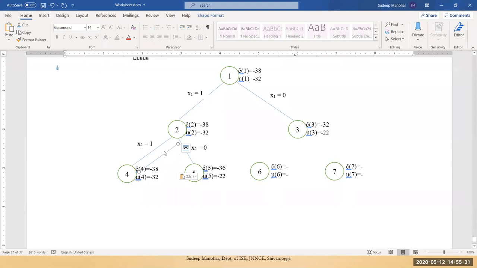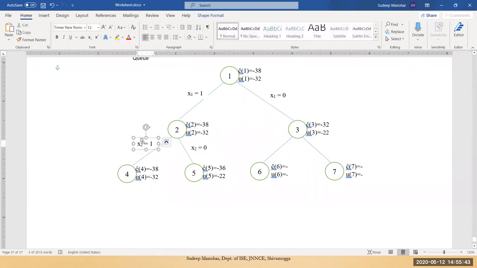All the branches. So this also refers to level 2. Therefore, x2 is 1 on the left branch and x2 is 0 on the right branch.